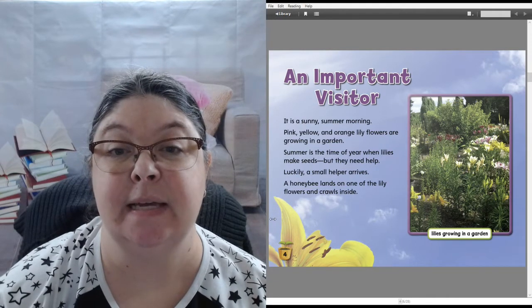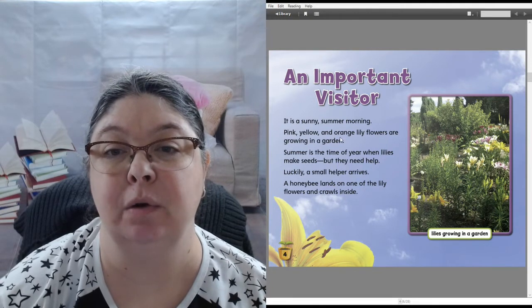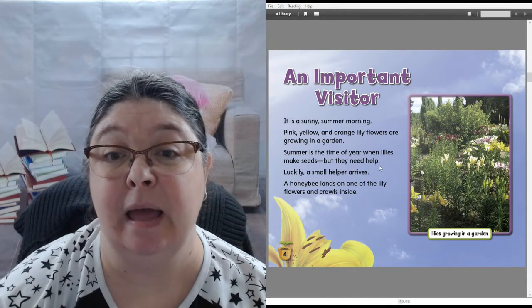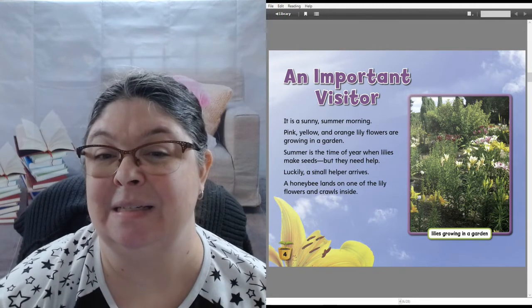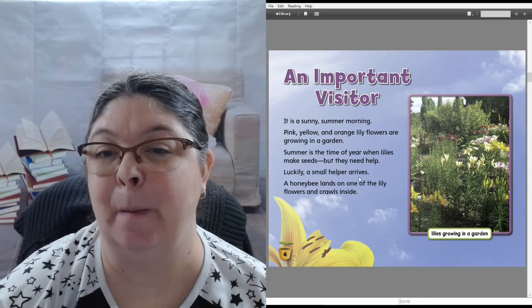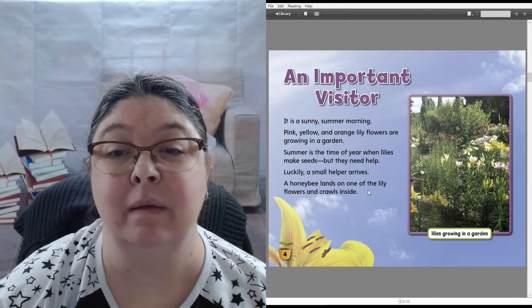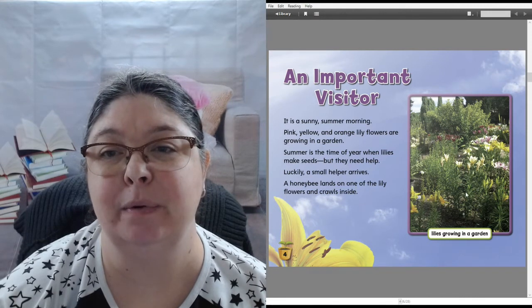It says, it is a sunny morning. Pink, yellow, and orange lily flowers are growing in a garden. Summer is the time of year when lilies make seeds, but they need help. Who do you think helps them? Yes, luckily, a small helper arrives. A honeybee lands on one of the lily flowers and crawls inside. As you can see, all the pretty lilies.